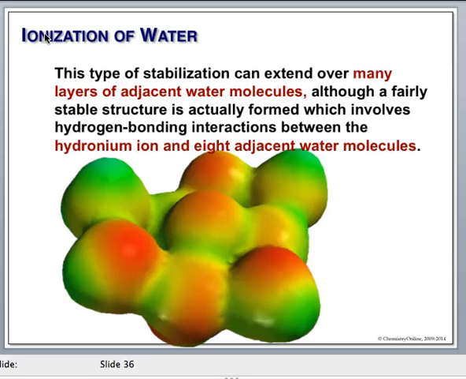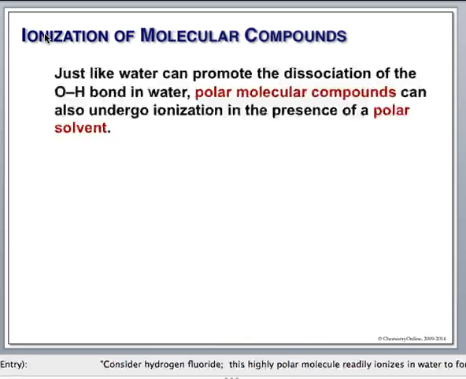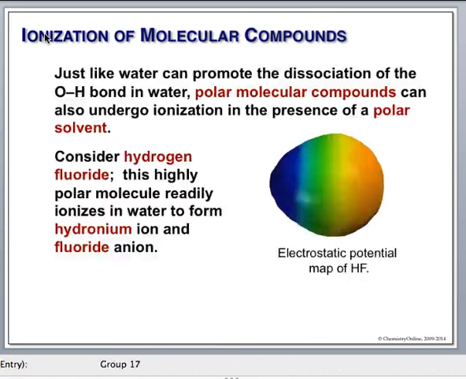The thing is that water doesn't just do it to other waters. Let's look at our old friend, hydrogen fluoride. We remember that fluorine is the most electronegative element, and because of that, we have a very, very polarized covalent bond here.